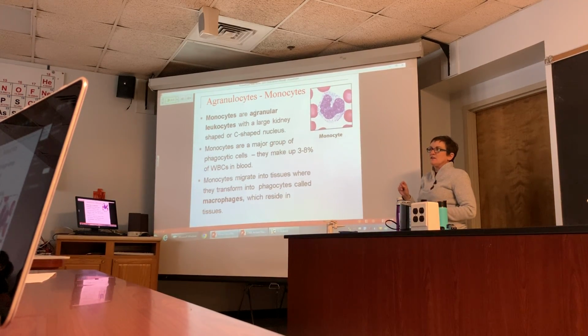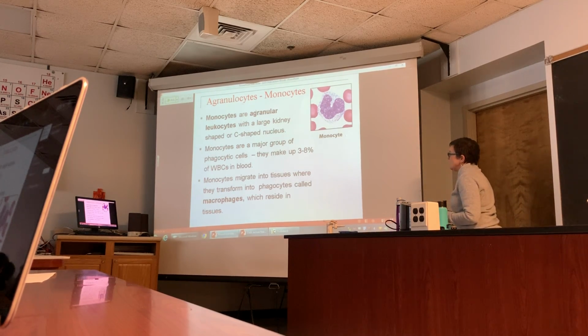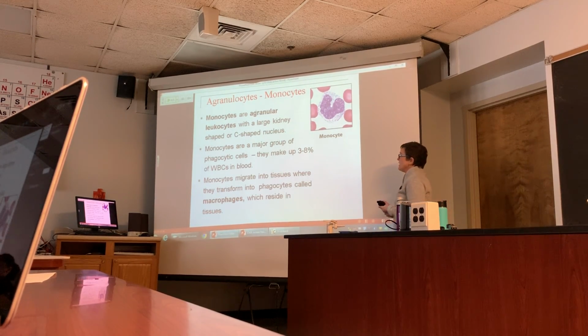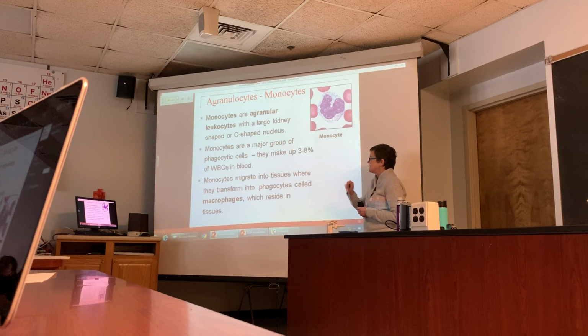So the nucleus is fairly significant there, a big C-shaped nucleus. These are very large cells, by the way. These are one of the larger of the white blood cells. Now monocytes are the third most common type of white blood cell. There are more lymphocytes than there are monocytes.